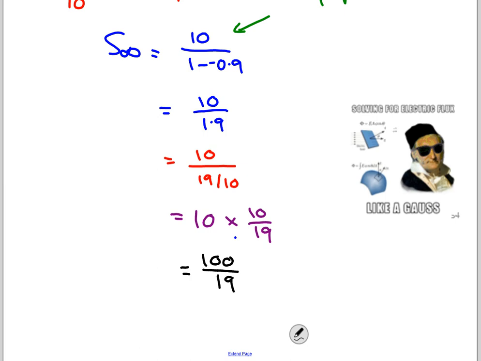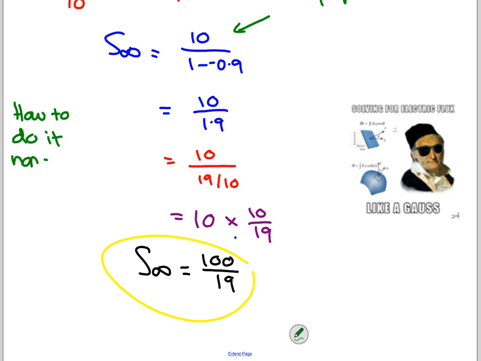That, by the way, was the sum to infinity. And if it was with a calculator, it'd be something like 5.2631579 and so on. So this is how to do it non-calc.